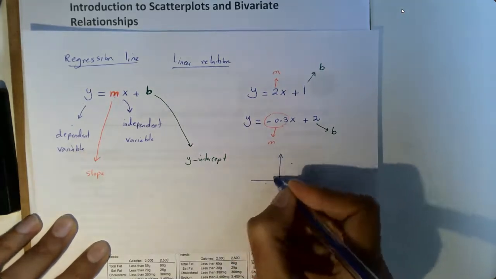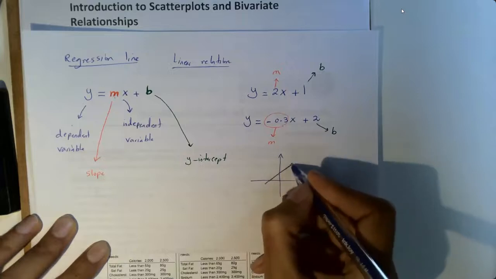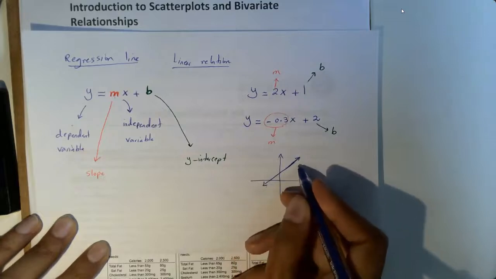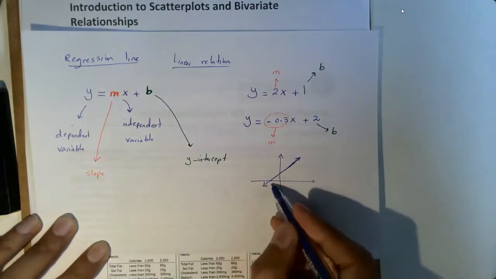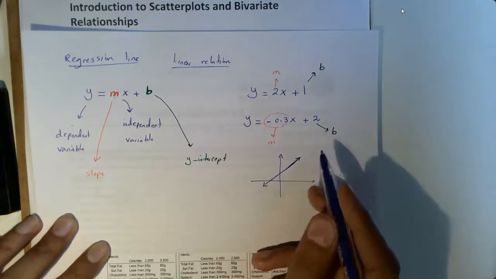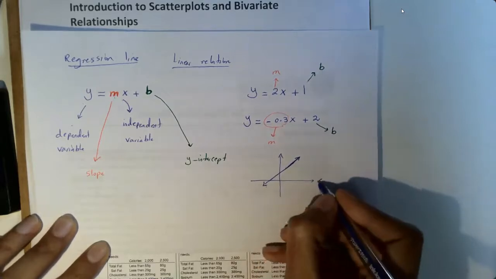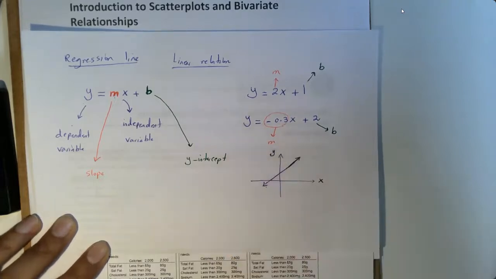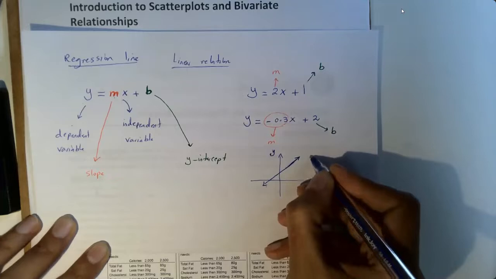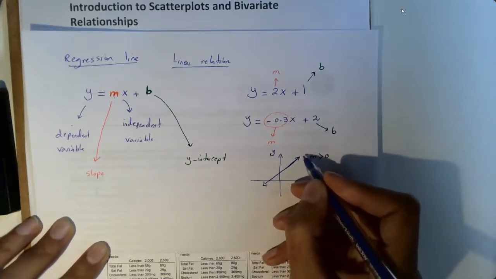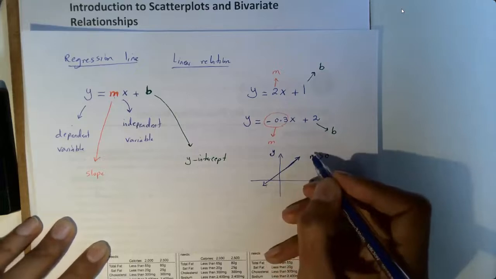We read graphs from left to right. From left to right, your graph is going up. On the horizontal axis, we have our X, and on the vertical axis, we have our Y. So if m is positive, we have an uphill, increasing line.